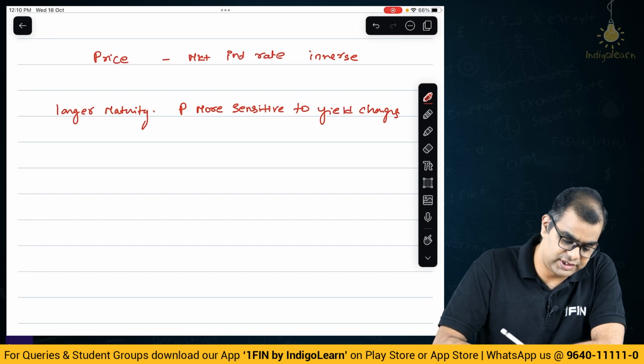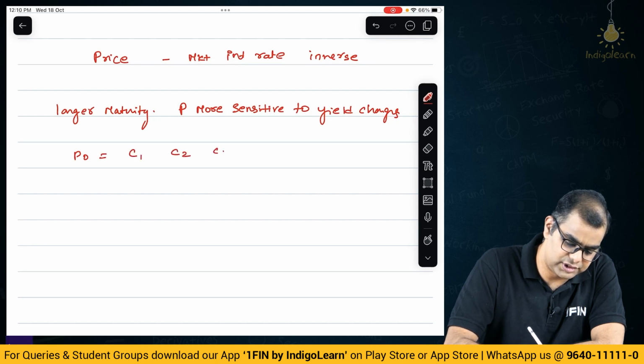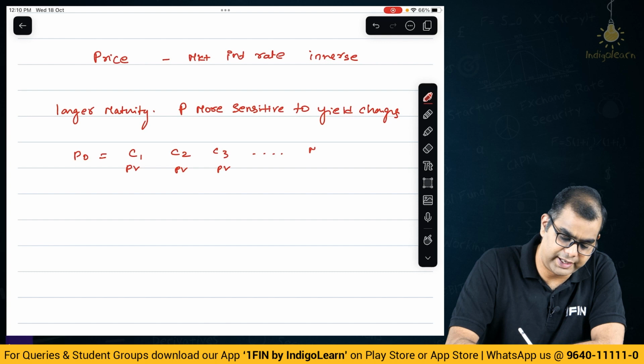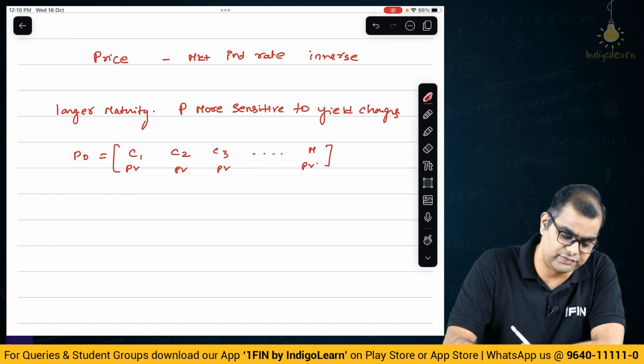Why are they saying that? You see, when you look at a bond price, P0 is equal to the present value of C1, C2, C3 and so on and so forth, plus the present value of M, correct? This is the summation of all of this.